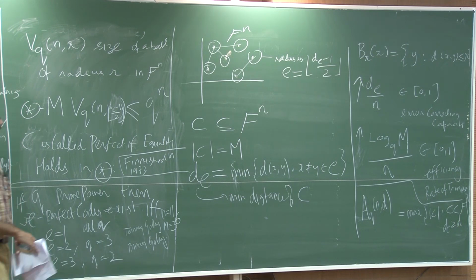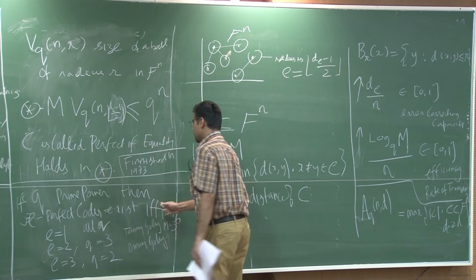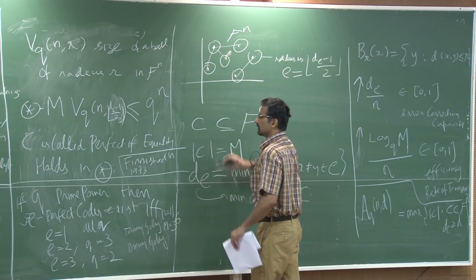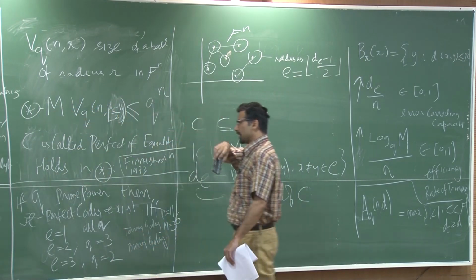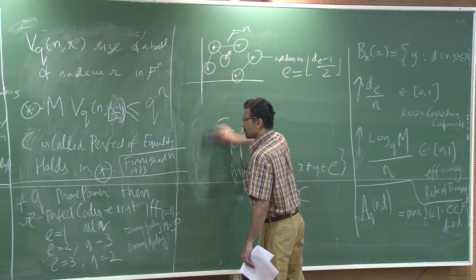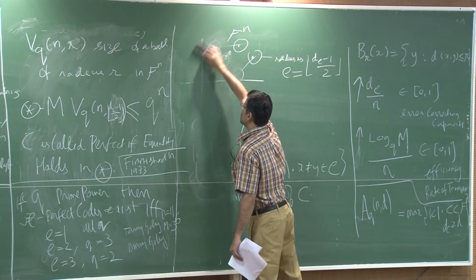But before going there, I said I will talk about some problems. So what is a problem remaining here? If q is not a prime power, what happens is an obvious question.